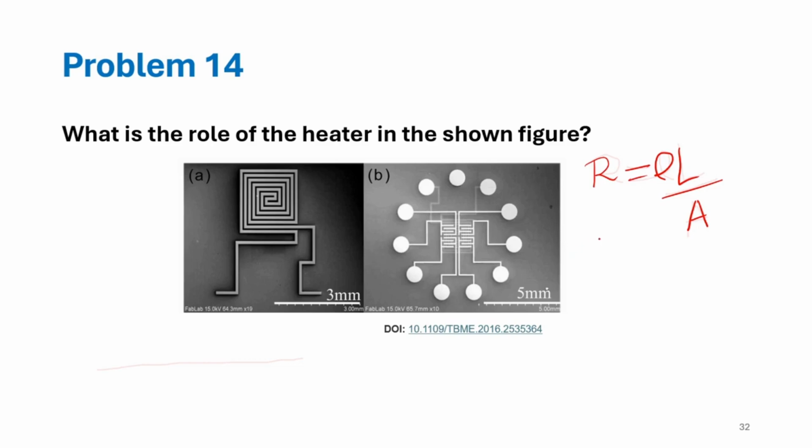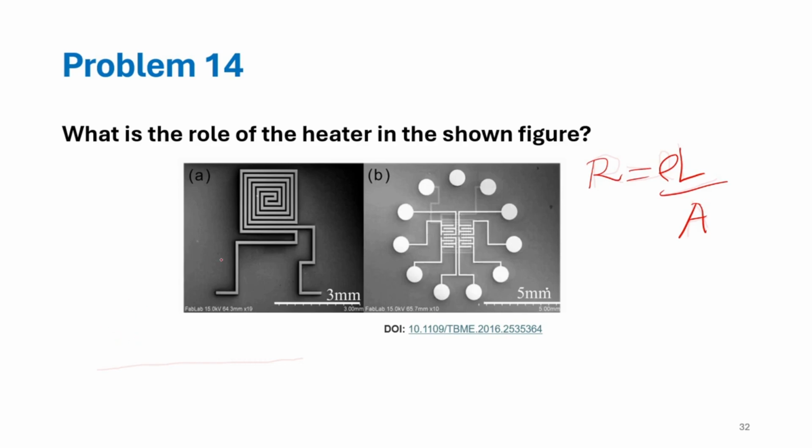Okay, so if we want more heat, then we need a wire with more length, right? If we want a wire with more length, then we'll need to occupy more area. But in MEMS devices we will not be able to occupy more area.